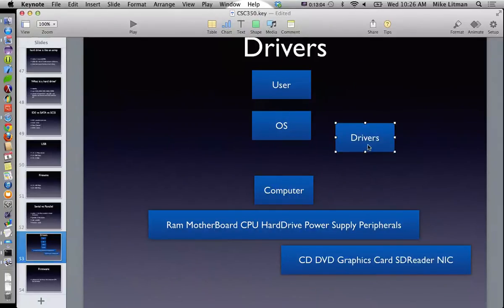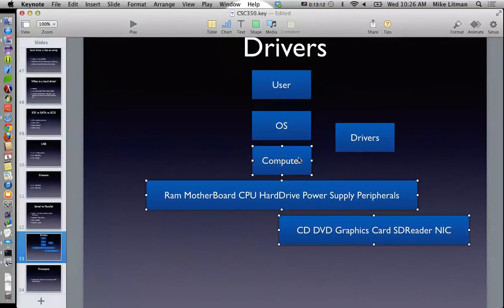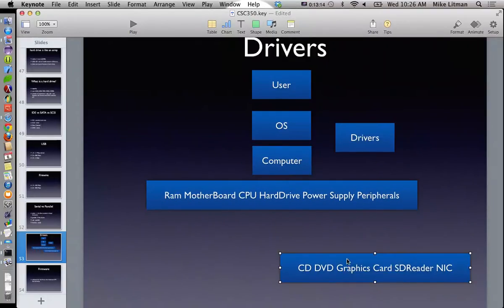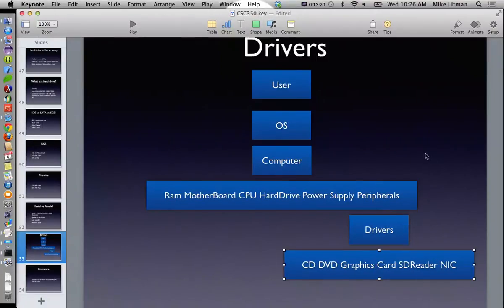But more realistically, we might say that drivers are part of the operating system, where the operating system controls the computer, which controls all this hardware. But specifically, drivers control peripherals. Things that are not part of the common group of things that make up the basic computer.